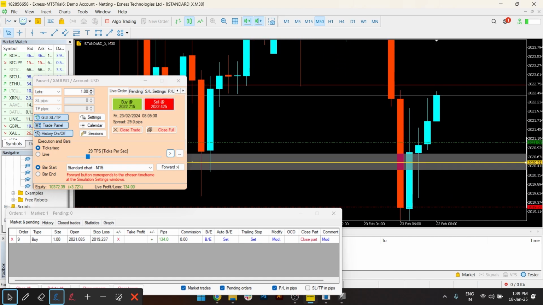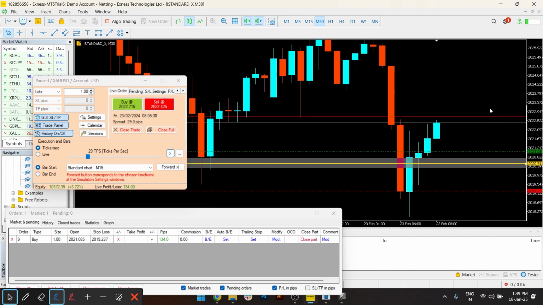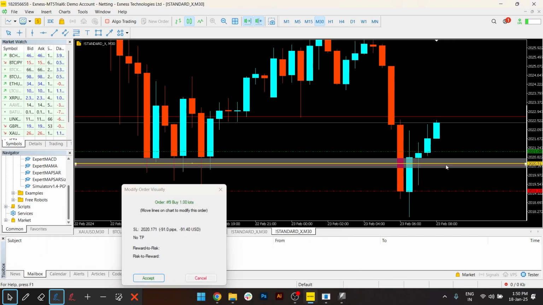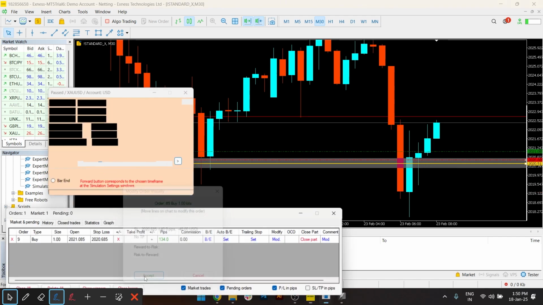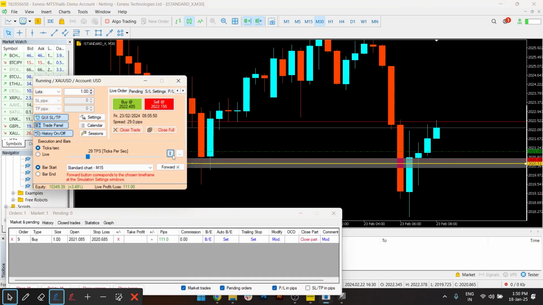Now, there are two things we can do here. If we close partials here, then I'll bring my stop loss to break even. But the other way could be, if you expect this price to continue pushing up, then the way to manage risk would be to keep your stop loss below this 30-minute candle. And yeah.